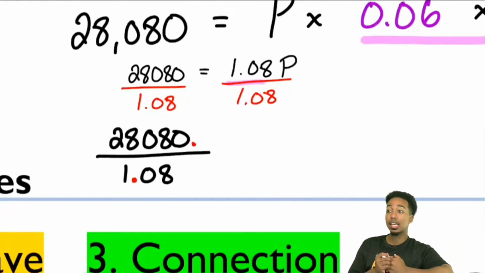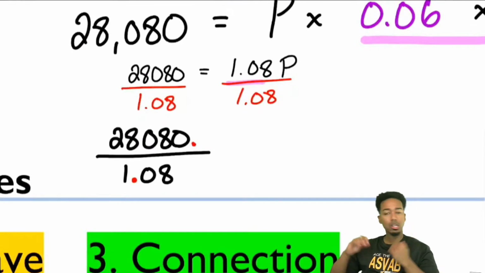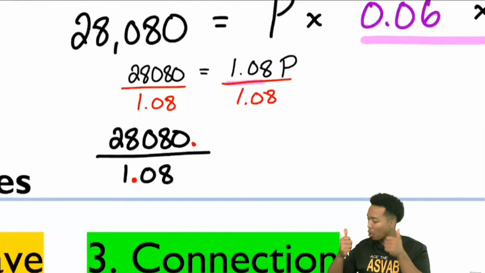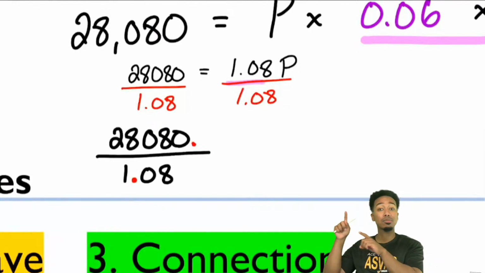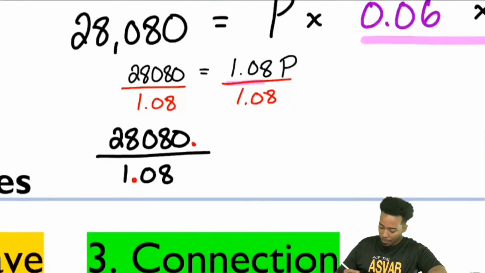It's like saying, with fractions, if I wanted to multiply the top and the bottom by 10, I could. If I wanted to multiply the top and the bottom by 100, I could. It'll keep the fraction the same. If you want to move the decimal to the right for both of them one time each, perfectly okay. Moving the decimal over to the right one time is the same as multiplying by 10. So it's all good.